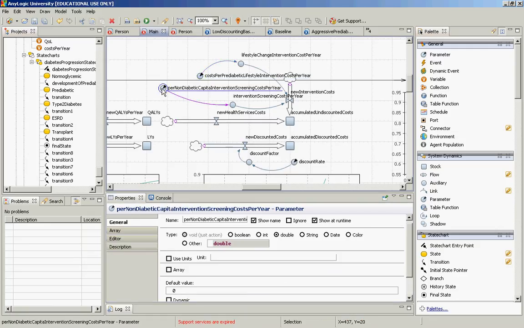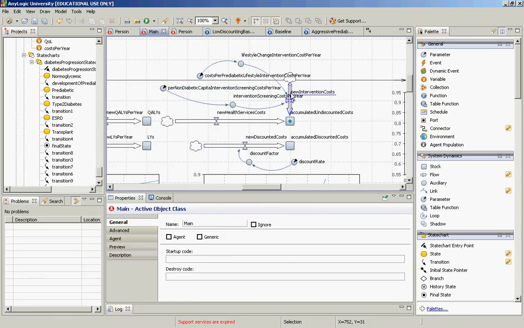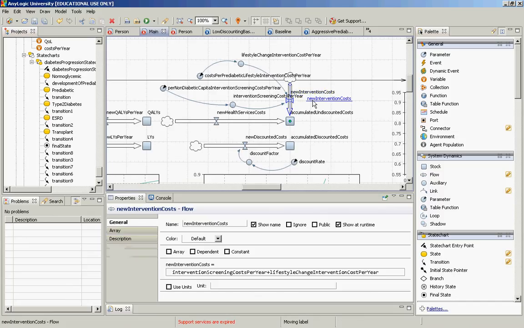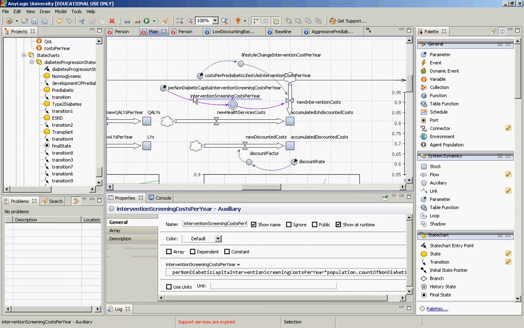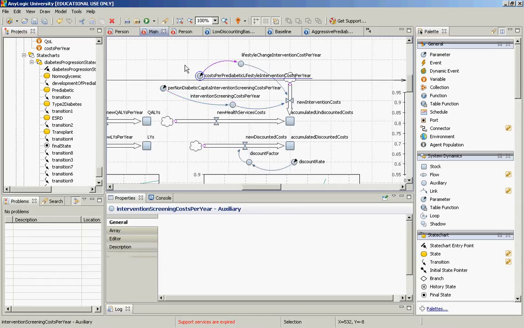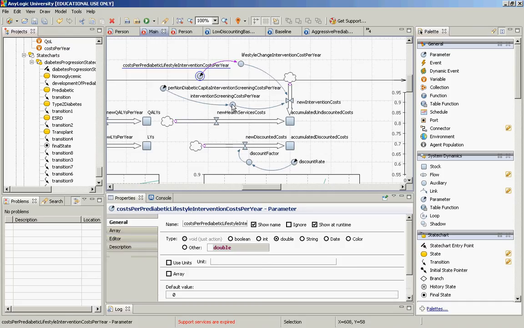Okay, so big picture here, what do we have? We have now added to the model consideration not only of health services costs on the one hand, but now we have these further costs associated with intervention, and there are two types of costs we totaled up. One is the costs associated with going and finding people in the population, and one associated with intervening on those people who are found.